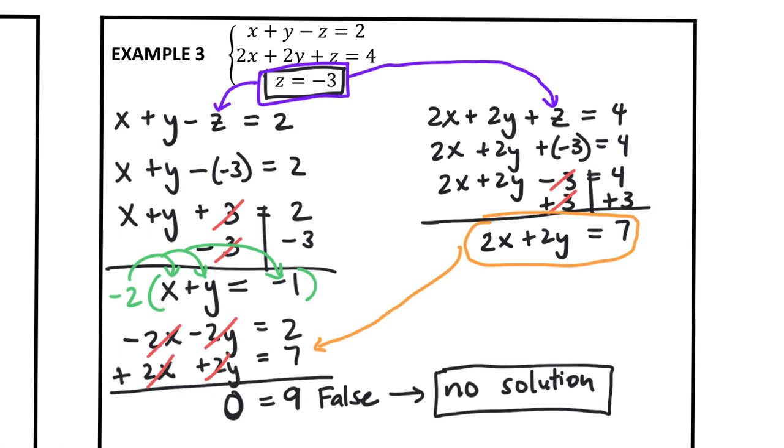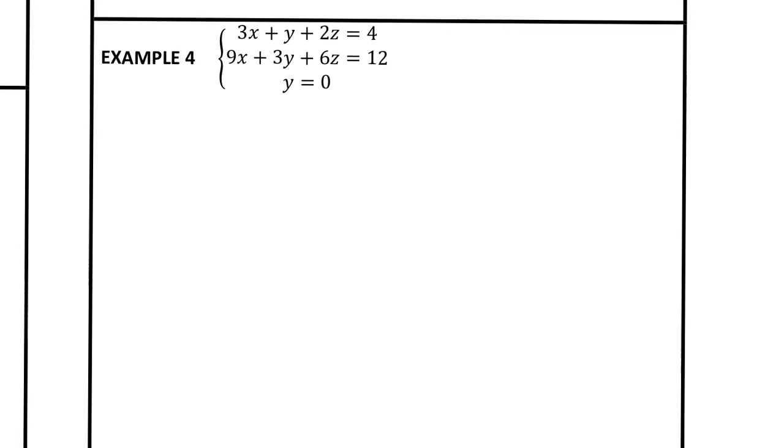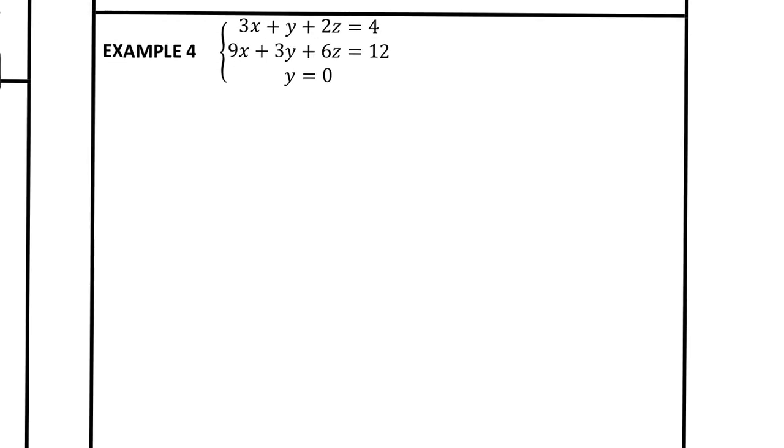Okay, so let's go to the last example. Example 4. Again, they gave us y equals 0. So we can copy the first equation. And then we're going to replace, be careful here, because the letter changed.